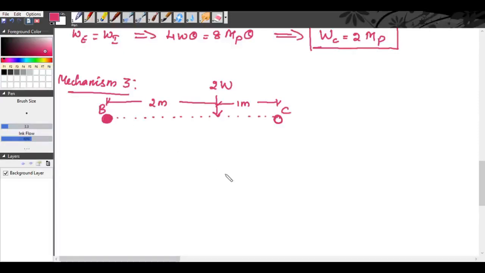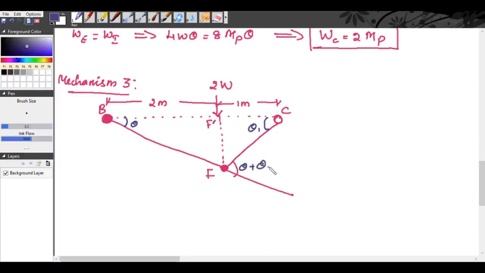Now the plastic hinge is formed at this point. This point is taken as F, right? Okay. So this may be taken as F. So this can be taken as F dash. So let us take this angle as theta and this angle as theta 1. So this angle is equal to theta plus theta 1.